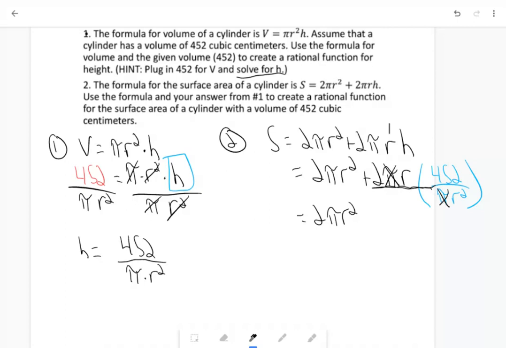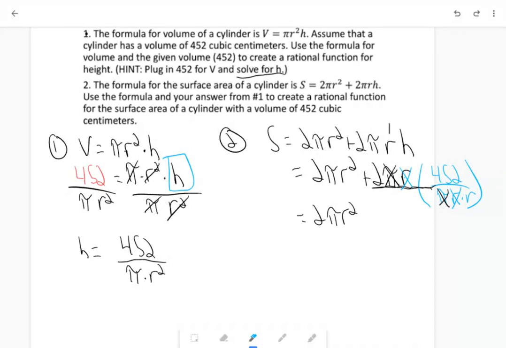Now, remember r squared is really r times r. So there are two r's in the denominator, but I have one r in the numerator. This one r in the numerator is going to cancel out one of the r's in the denominator, leaving me with one r in the denominator.